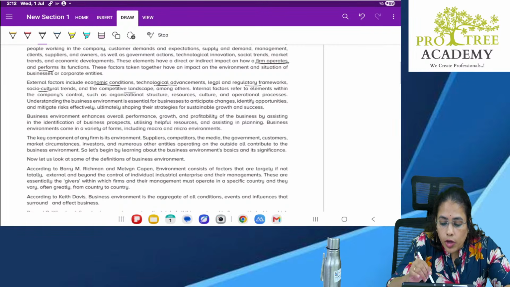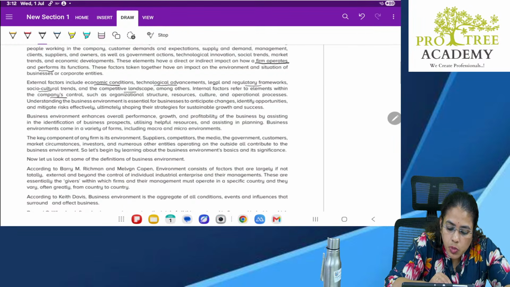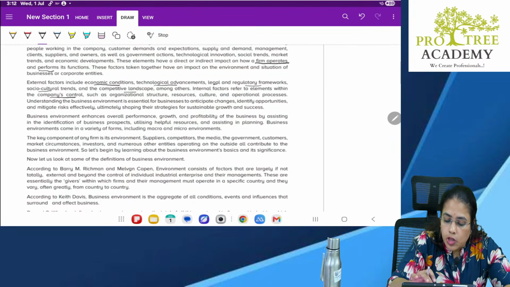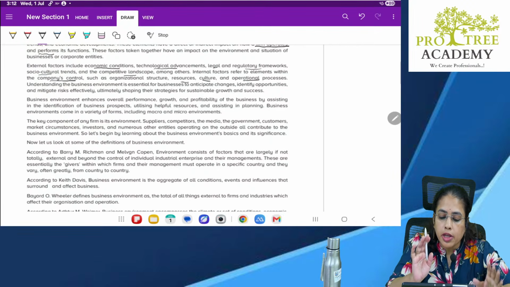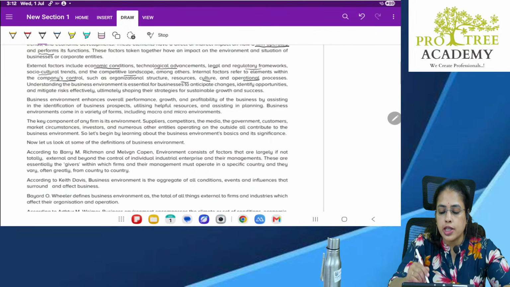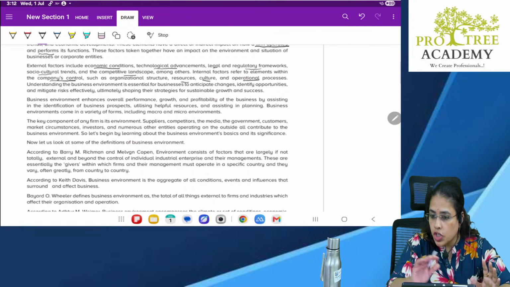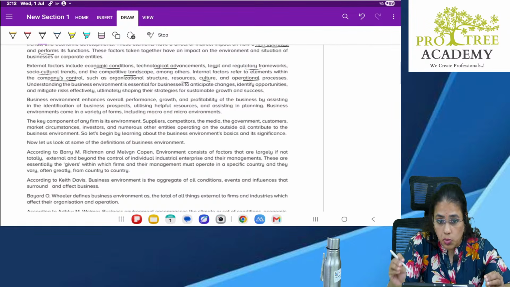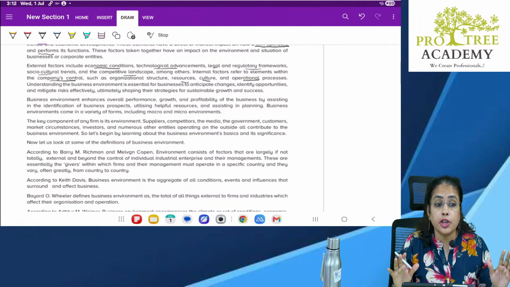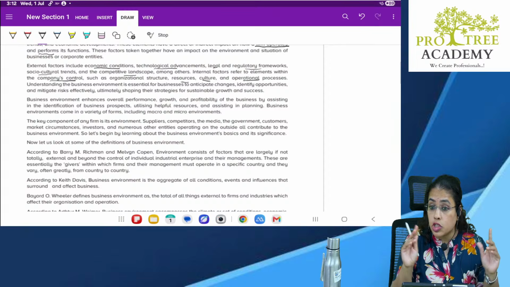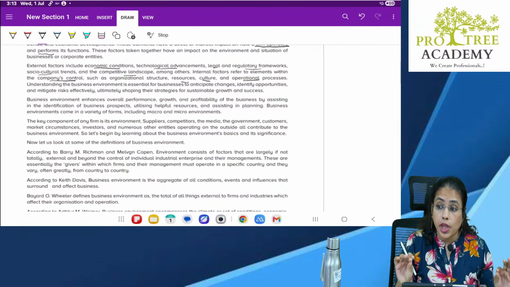Now, internal, what all are there in internal? Within the company's control. Whatever is internal is within the company's control, such as organizational structure, resources, culture, operational process. Understanding the business environment is essential for business to anticipate the change. Any change which is happening, that has to be anticipated. For that, even before you start your business, you have to analyze your business environment very properly.